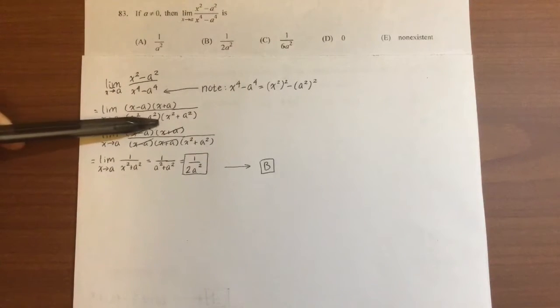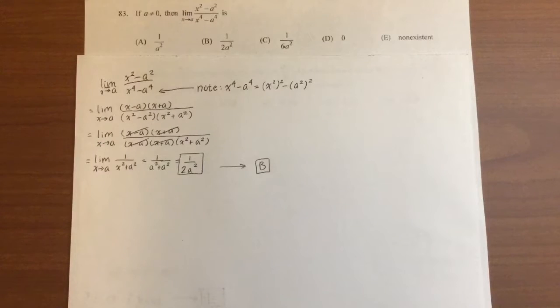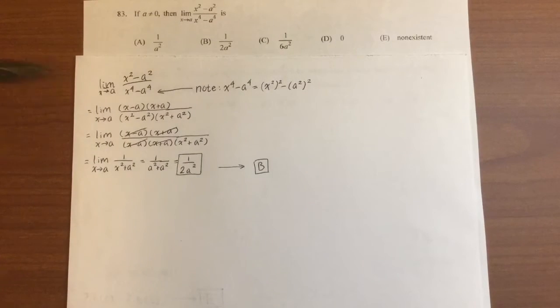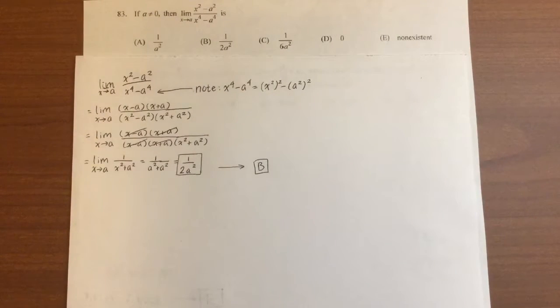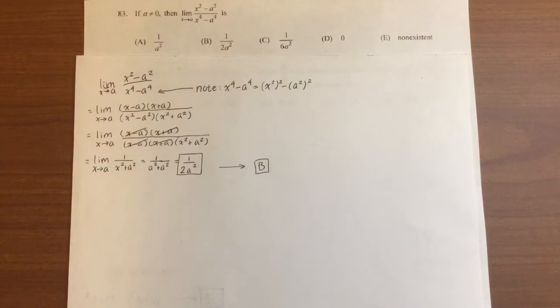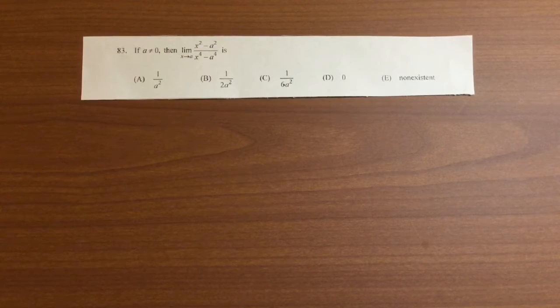But notice that this is also a difference of squares, so you can simplify that further to x minus a times x plus a. And now you can cancel out the factors that do cancel out, and then that leaves you with the limit as x approaches a of 1 over x squared plus a squared. This simplifies to 1 over a squared plus a squared, which equals 1 over 2a squared. So the correct answer is B.